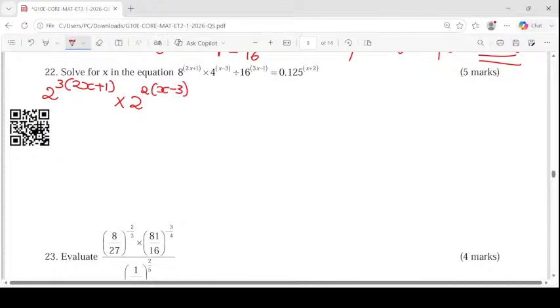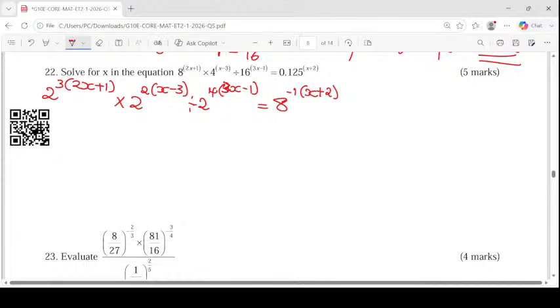Then divide this by 16, which is like saying 2 to the power of 4 into 3x minus 1. This can be equivalent to, remember, 0.125 is like saying 1 over 8 or 8 power negative 1 into x plus 2.